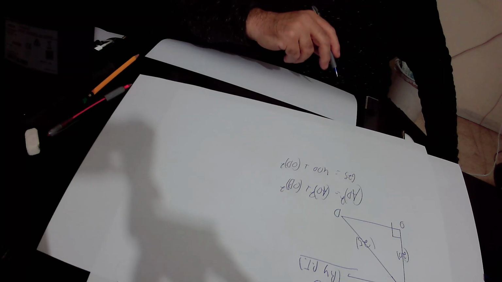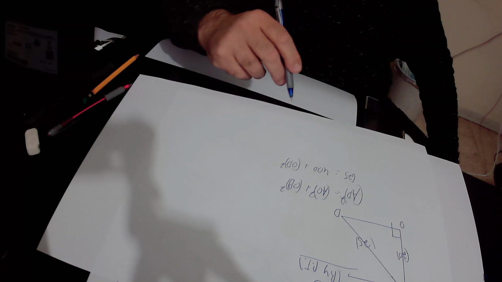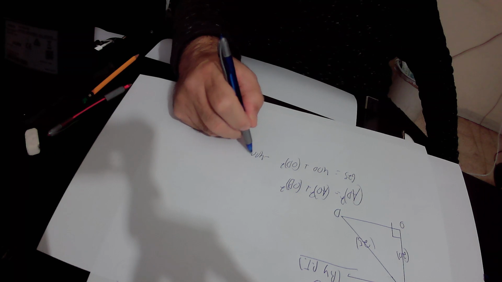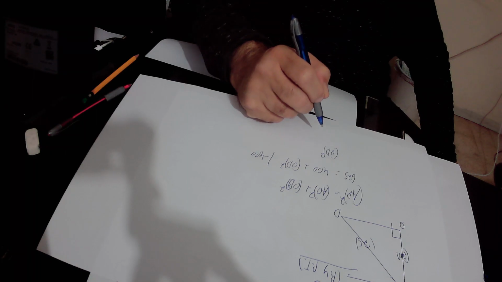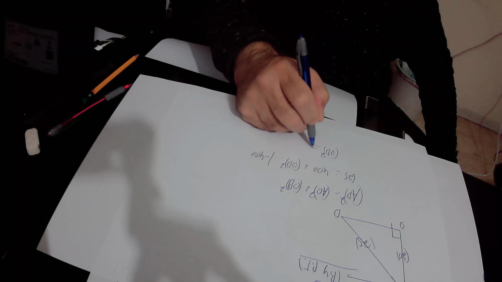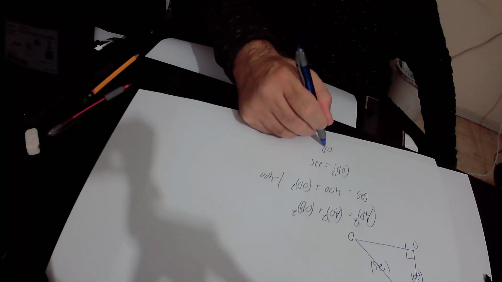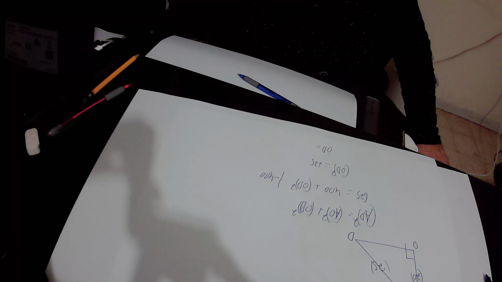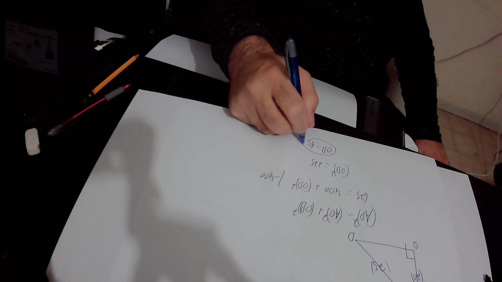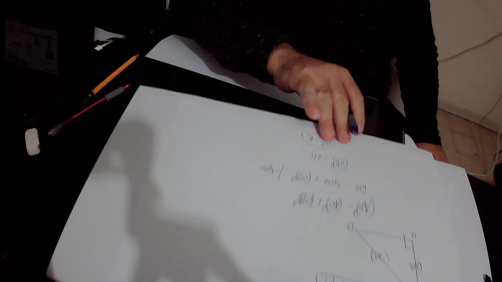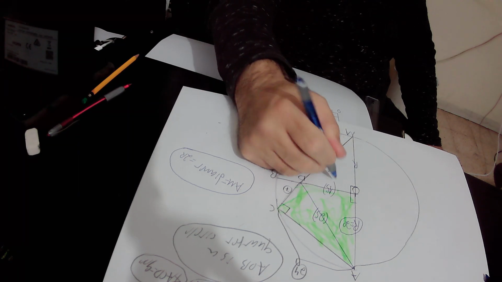So we found out that 625 equals 400 plus OD squared. We subtract 400 from this equation, and we get that OD squared equals 625 minus 400, which is 225. We take the root of this equation and we get that OD equals the square root of 225. It is actually 15. Here OD equals 15 units in length.